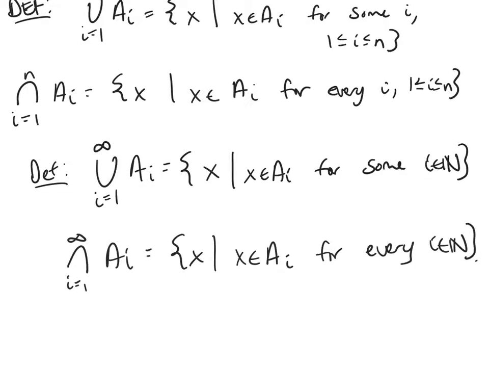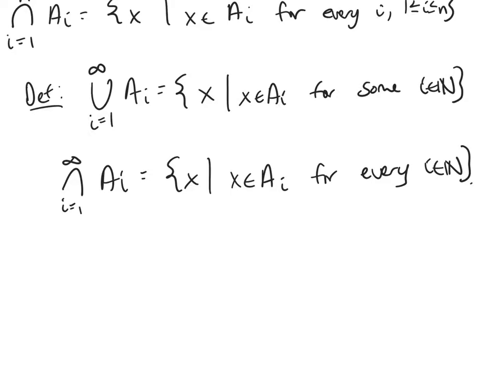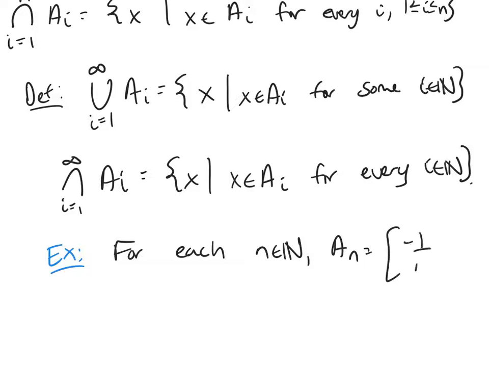So what I want us to do is revisit an example we looked at back when we were first discussing this material. Let's say I define, for each n in the natural numbers, A_n to be the interval -1/n to 1/n.